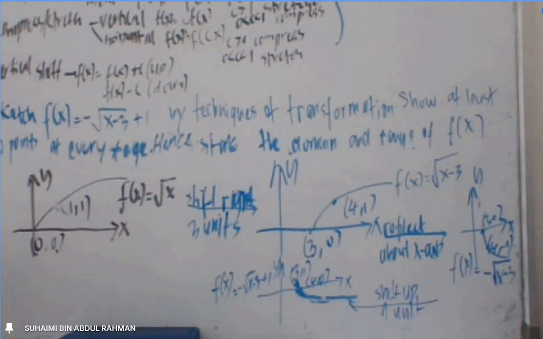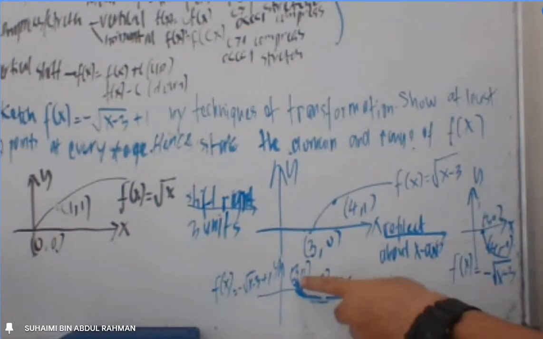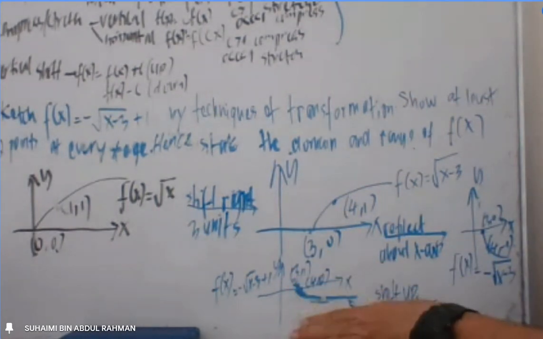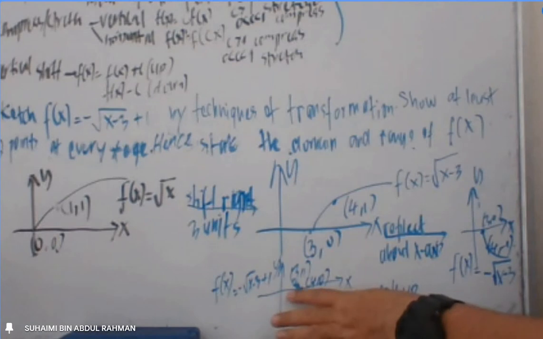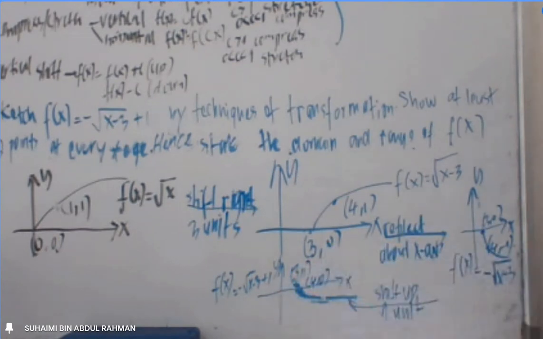So negative infinity until 1, you see. Go until 1, not stop here. So negative infinity until 1. That's the range of this function.